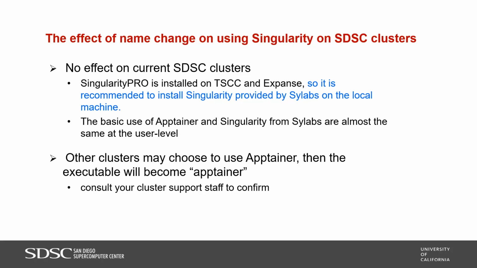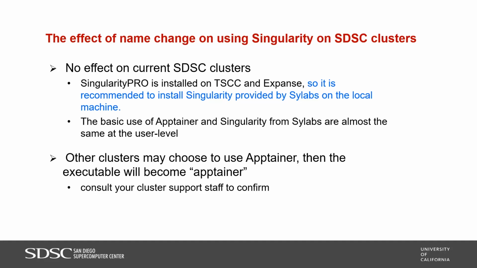But the basic use of Apptainer and Singularity is almost the same at the user level. If you read their user manuals, you will find that they are very similar to use. As a user, you probably won't feel many differences, other than the command being different.